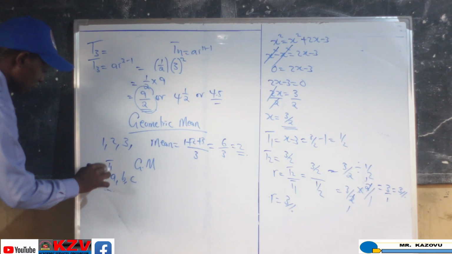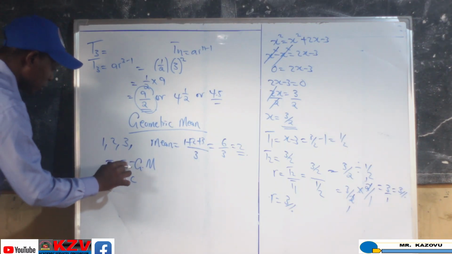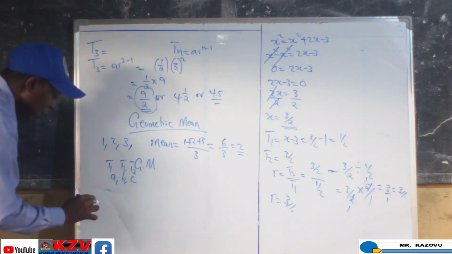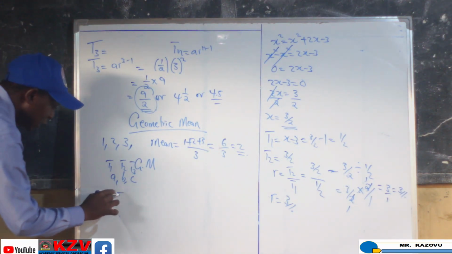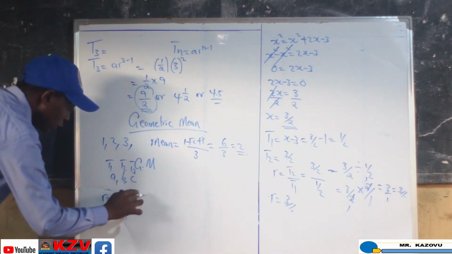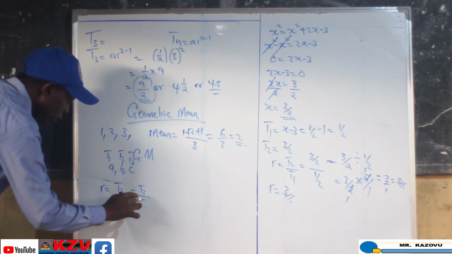You say this one is T1, T2, T3. Now, the common ratio is T2 over T1, which is equal to T3 over T2.